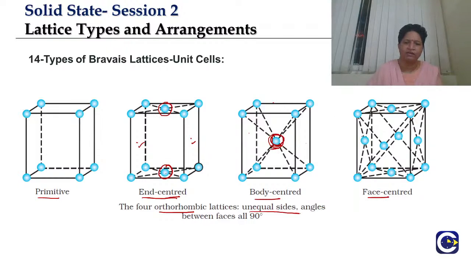Then face centered: 1, 2, 3, 4, 5 and 6, 6 faces. These two you will have to see, one up and one below. So these are 4 different types of orthorhombic lattices: primitive, body centered, face centered or end centered. The only difference that we are making in these crystal systems is we are changing the edge lengths and the angles.